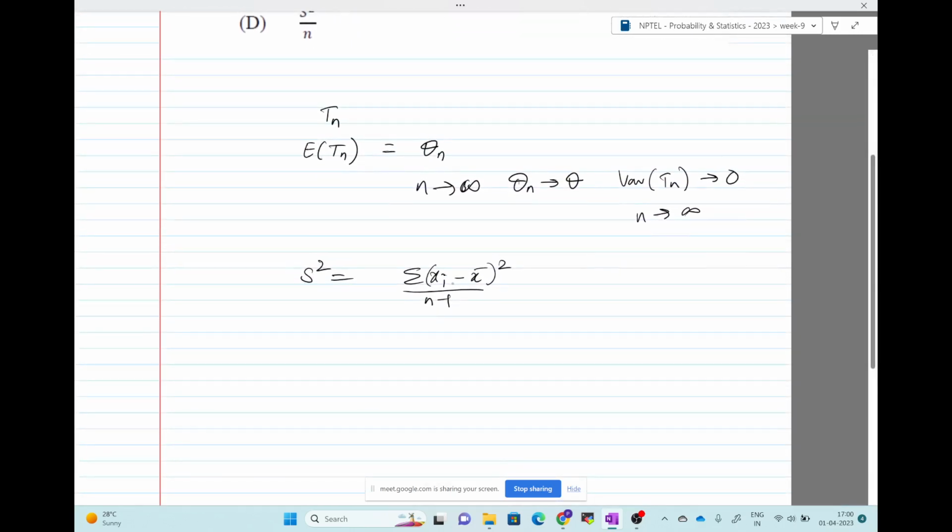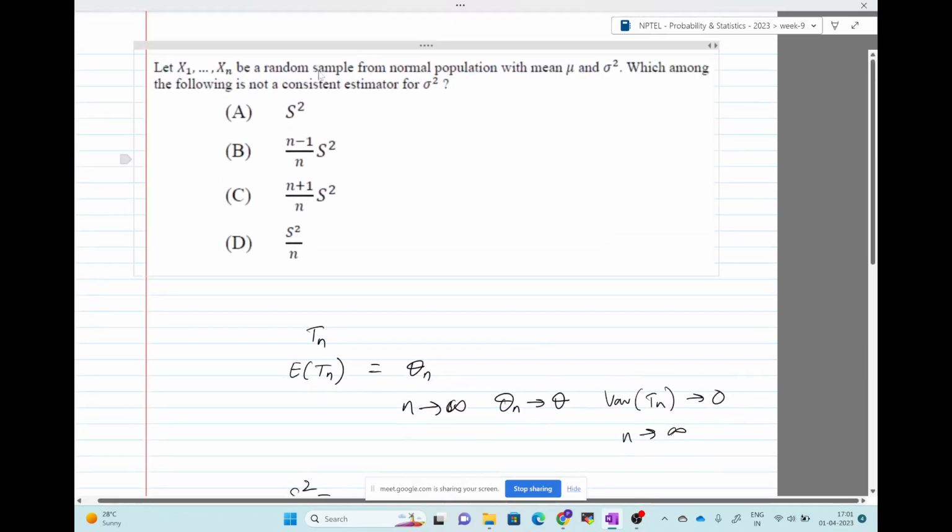We know expectation of S square is equal to sigma square, because it is an unbiased estimator of sigma square. So for all n it is equal to sigma square. But is this a normal distribution? Normal. Okay.